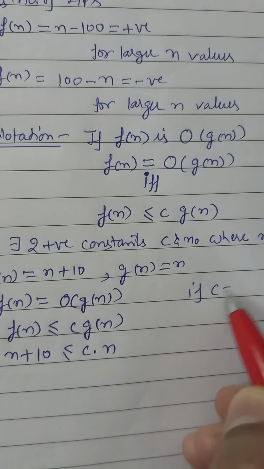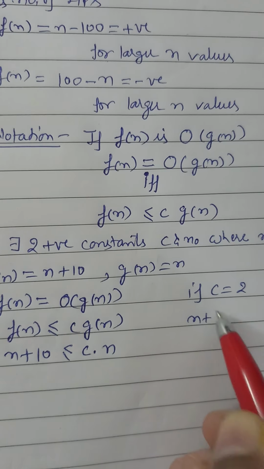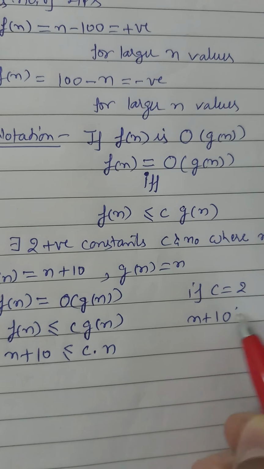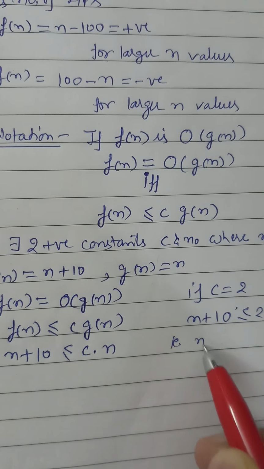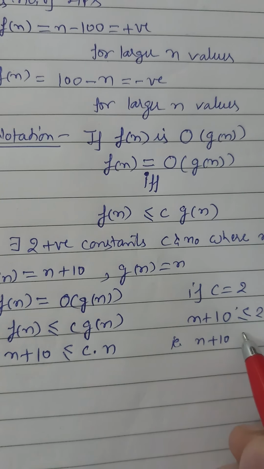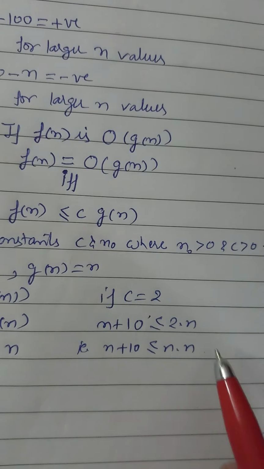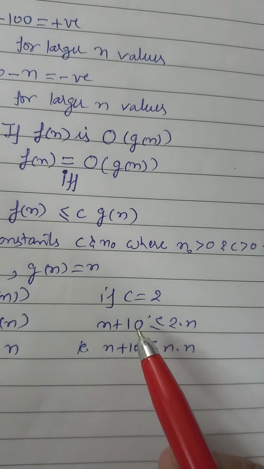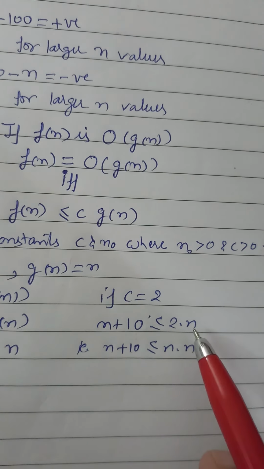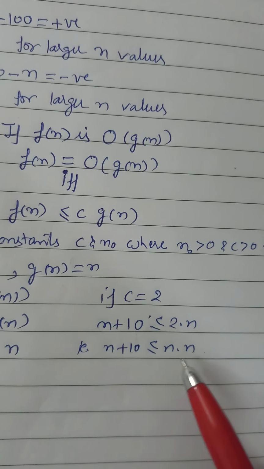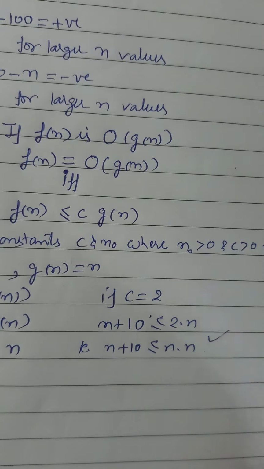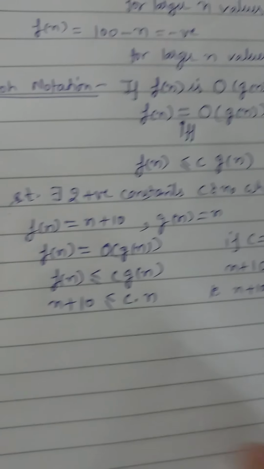If we take c equal to 2, then n plus 10 is less than or equal to 2 into n, or we can say n plus 10 is less than or equal to n plus n. So that is okay for the c value.